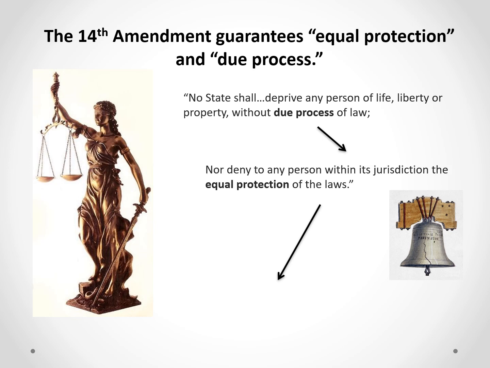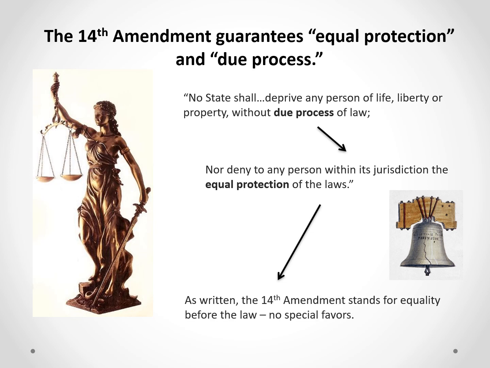In addition, the 14th Amendment says no state shall deny to any person within its jurisdiction the equal protection of the laws. As it's written, the 14th Amendment stands for equality before the law and no special favors. So these ideas, due process and equal protection, are somewhat squishy, and they're kind of ripe for the Supreme Court to use in an activist manner to change law to be at the cutting edge of public policy.